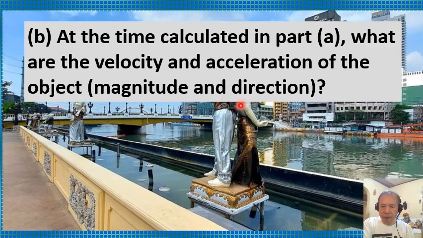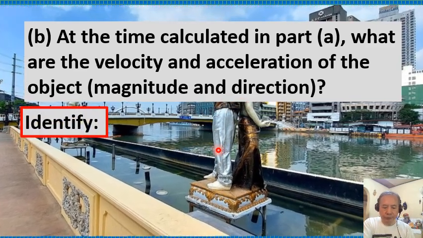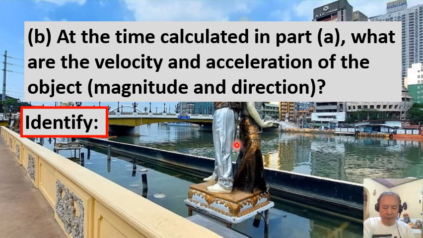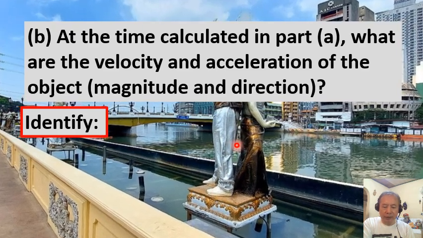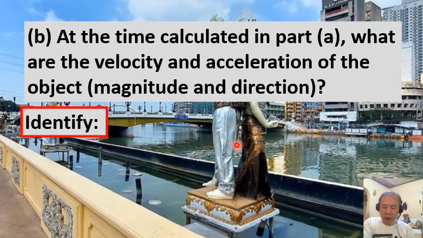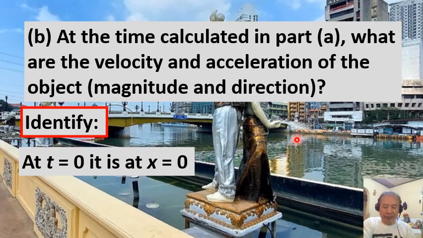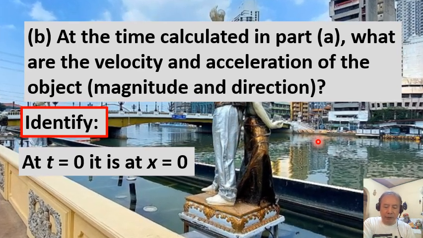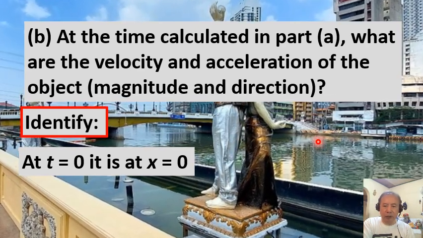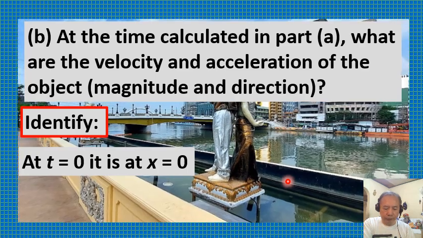So for our solution, we first identify the given data. The object is moving along the x-axis, and at time t equals 0, it is located at x equals 0.